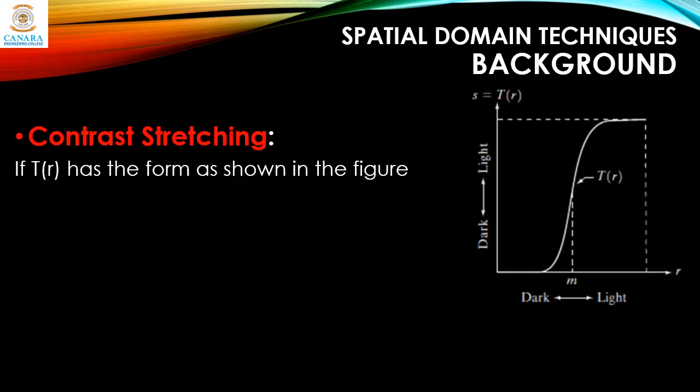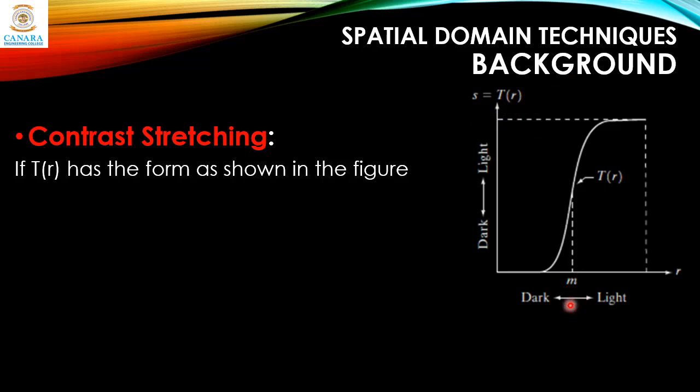Let's look at the basic examples of image enhancement techniques. The first one is contrast stretching, and in this the transformation function T of R has the form as shown in the figure. In the figure, the x-axis is R, which is the input image pixel value, and the y-axis is S, which is T of R, the transformed or output image pixel value.